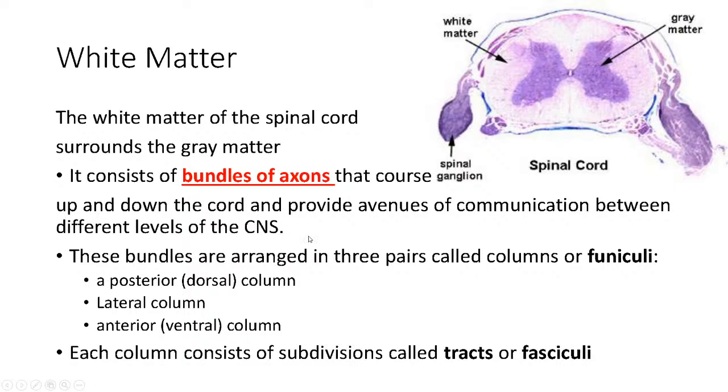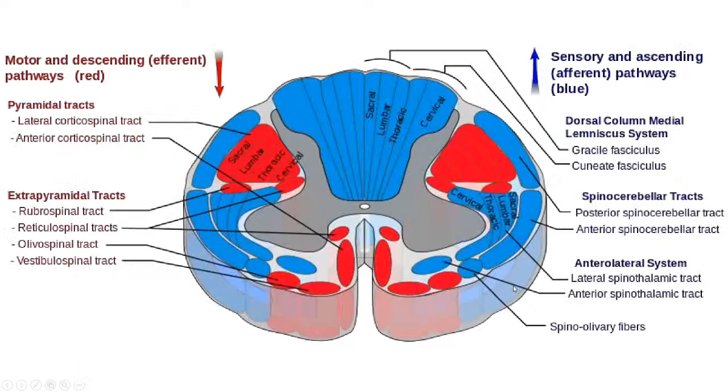And the bundles are arranged in three large pairs called funiculi. There's a posterior column, a lateral column, and an anterior or ventral column. And each column consists of subdivisions called tracts or fasciculi. So you can see the funiculi are the large groupings, the posterior, the lateral, and the anterior funiculi.